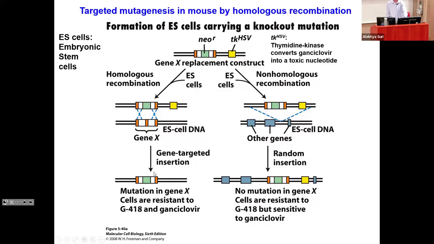So it's called thymidine kinase. And this thymidine kinase converts a drug, ganciclovir, to a toxic nucleotide. So if the thymidine kinase is present in the cell, it creates this toxic nucleotide.